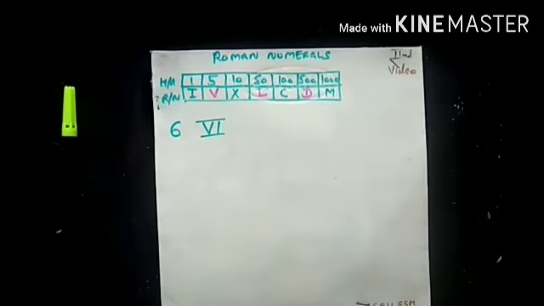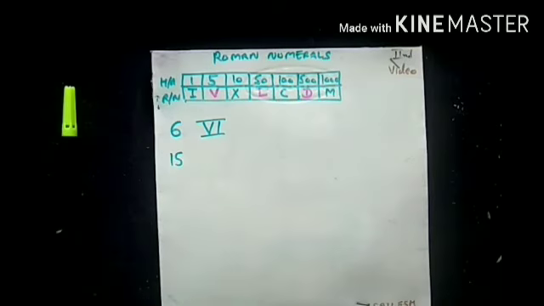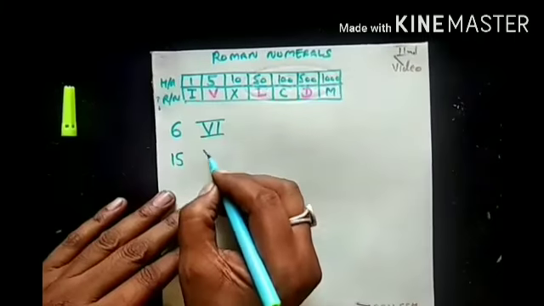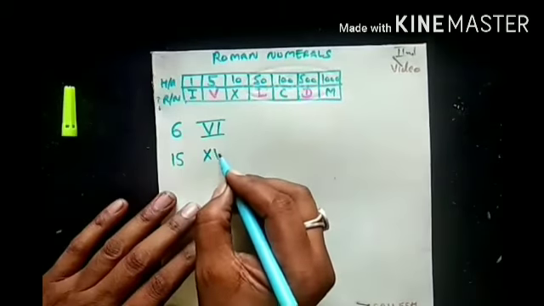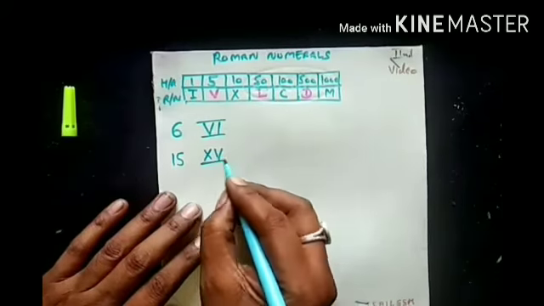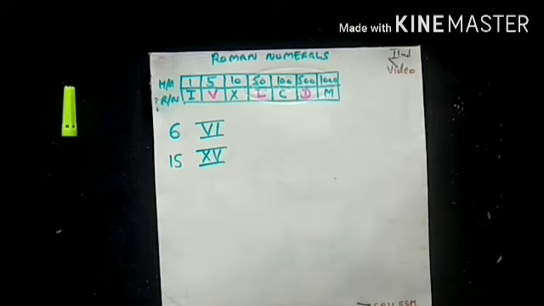Now if you have to write 15, there is no direct symbol for 15. Therefore it can be written by adding 10 and 5, which means X and V. X is larger and V is smaller, so you will write V on the right side of X. This is the required numeral for 15.